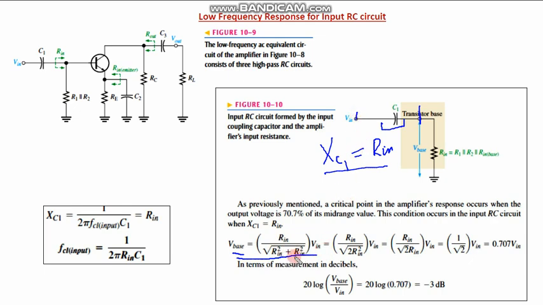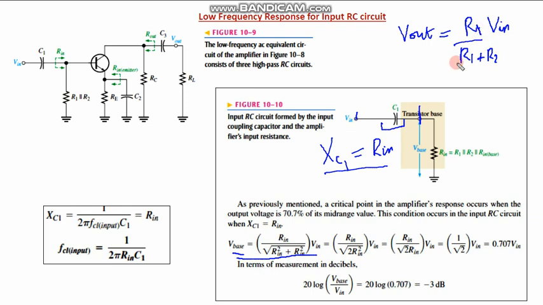And remember, this is any voltage ratio. Remember last time we said V out was equal to, for a voltage divider rule at the base, R1 divided by R1 plus R2, times V in. So this is what we studied last time.